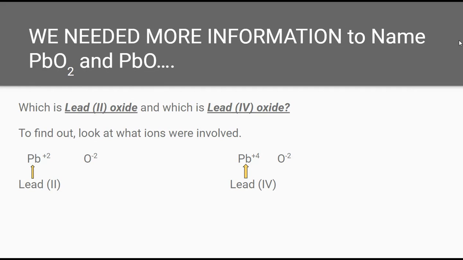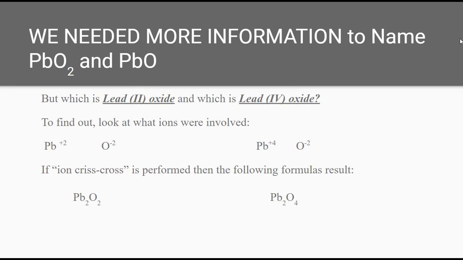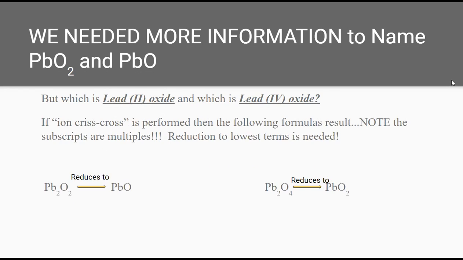We have the choice of lead 2 with a positive 2 charge and lead 4 with a positive 4 charge. In both cases, oxide ions would have a negative 2 charge. If we had gone through the process of doing ion crisscross, then the first pair of ions would have given the formula Pb2O2. And the second pair of ions would have given the formula Pb2O4. Both of those formulas would have needed to be reduced to lowest terms.